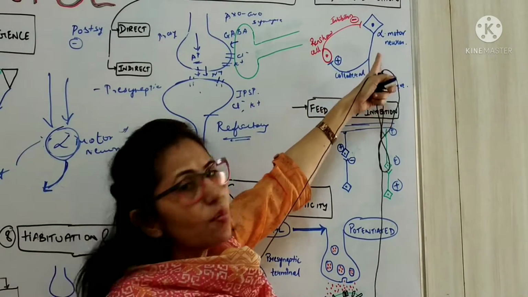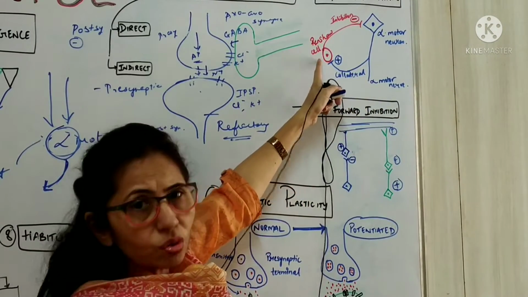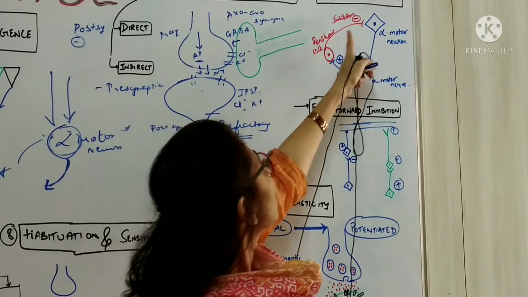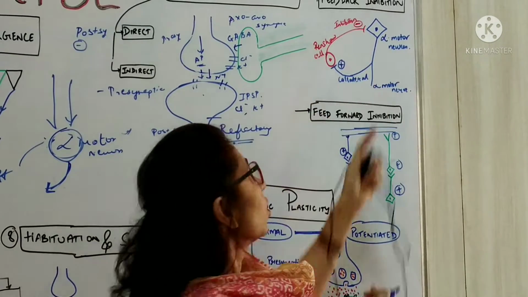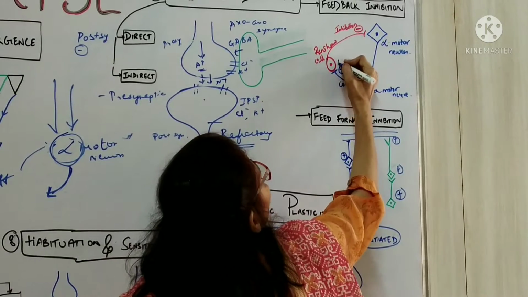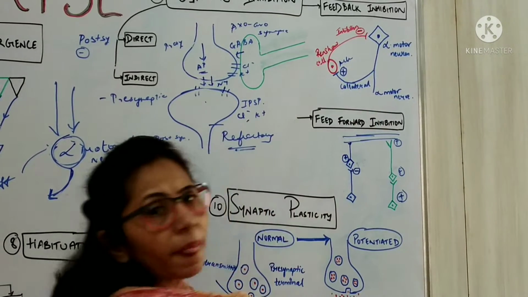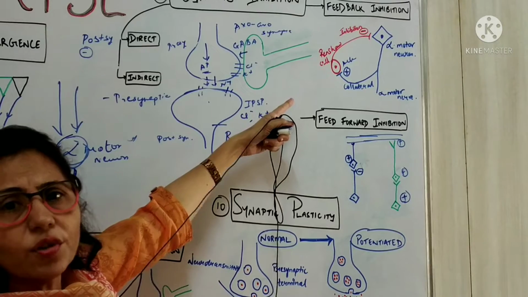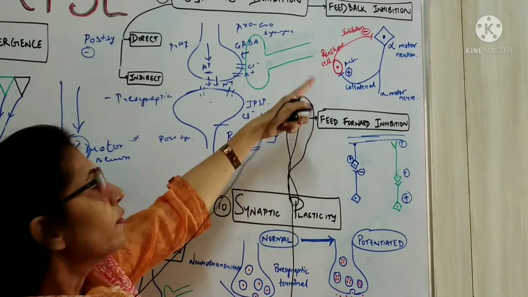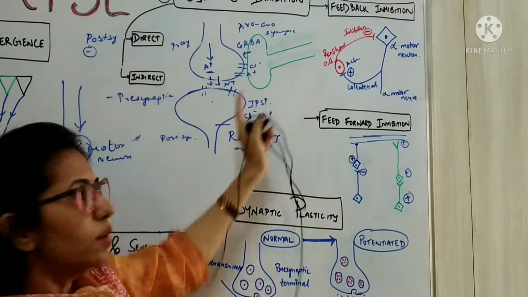The neurotransmitter released at the Renshaw cell is acetylcholine. So that is a negative feedback type of mechanism, Renshaw cell inhibition.